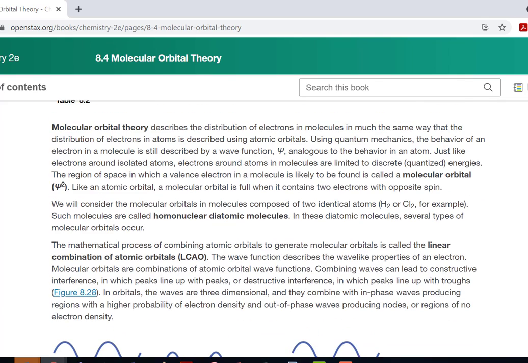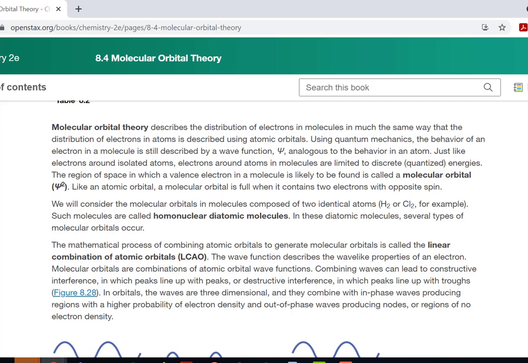Okay, so let's talk about what molecular orbital theory is about. So again, instead of thinking of the orbitals as places on atoms that then overlap, we're kind of deconstructing the whole thing and saying, what if we think about those orbitals as being part of the molecule instead of part of the atoms themselves?